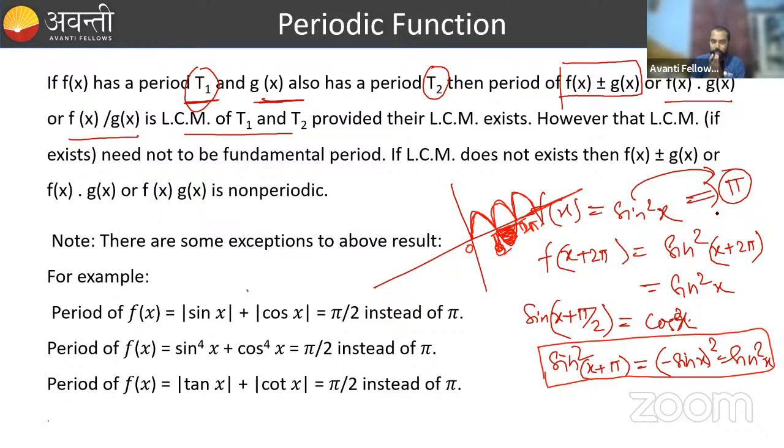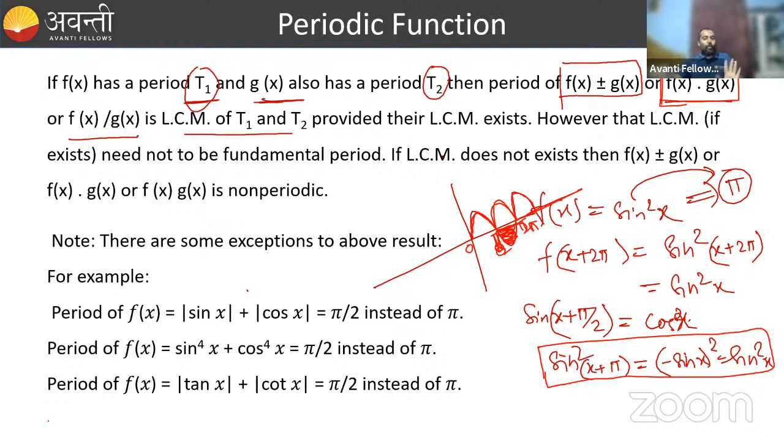You are saying if f of x and g of x are equal, that means you are taking two equal functions like sin x and sin x. Yes, you can take f of x into g of x also. Equal functions, like sin square x into sin square x.